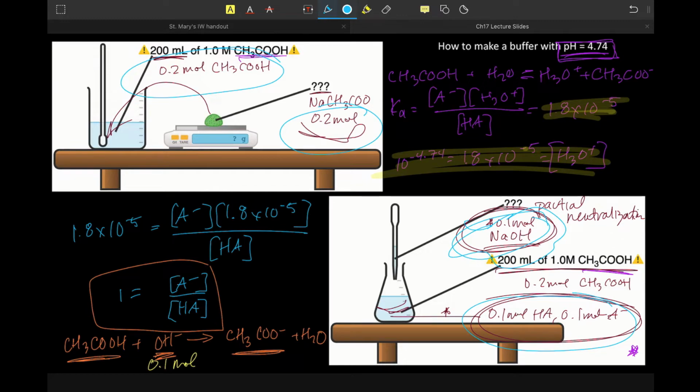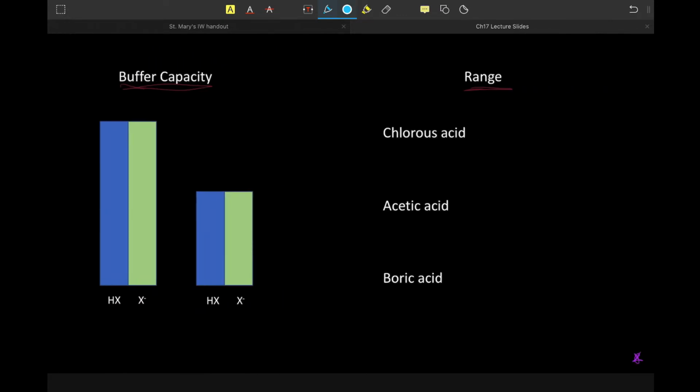So if we think about what that means in the terms of the language we're talking about here, buffer capacity is the ability to neutralize. If I had 0.2 moles of HA and A minus versus 0.1 moles of HA and A minus, which of those has a greater buffer capacity?